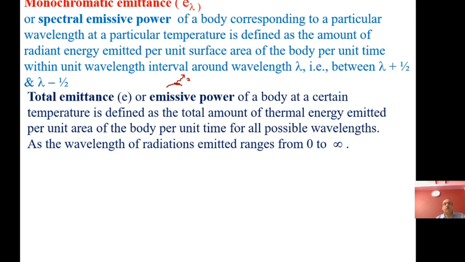This is called monochromatic emittance. But the emission is not only of a particular wavelength. For a black body, there are all possible wavelengths of radiation.